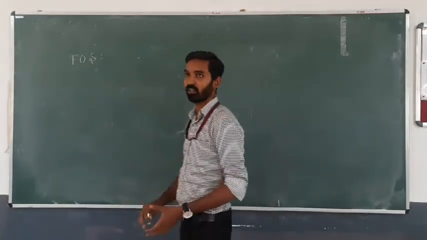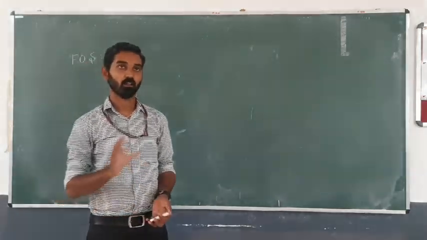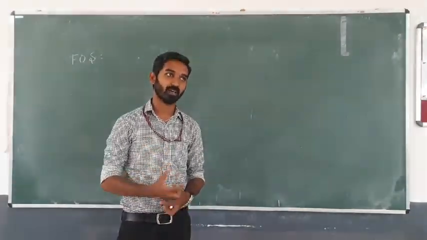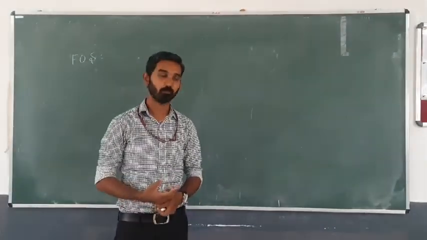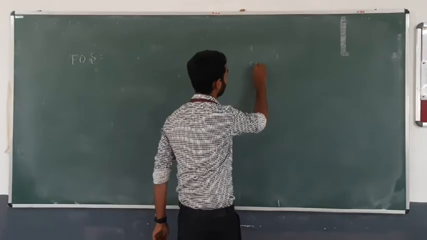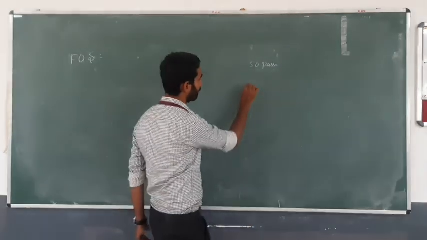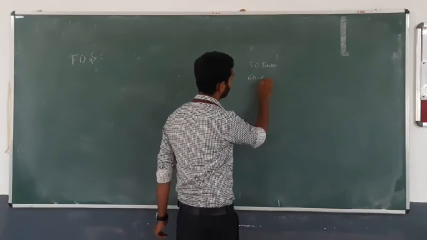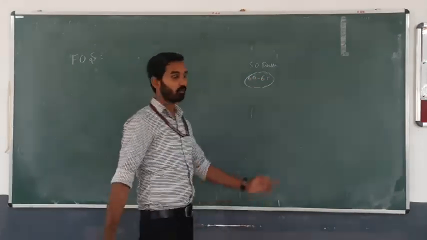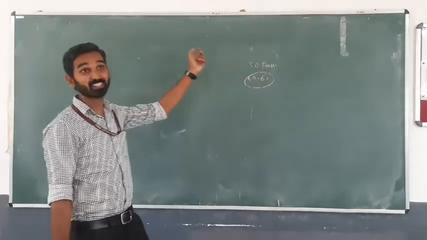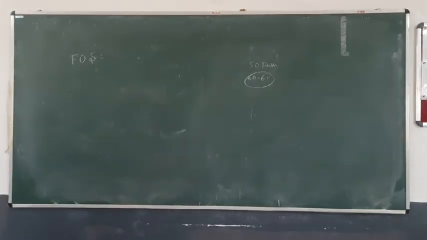Suppose we are traveling in a bus. The passenger carrying capacity of the bus is limited to 50 passengers. In the worst condition, it may fill up to 60 to 65. What is this? This is the maximum limit or ultimate limit of the passengers.